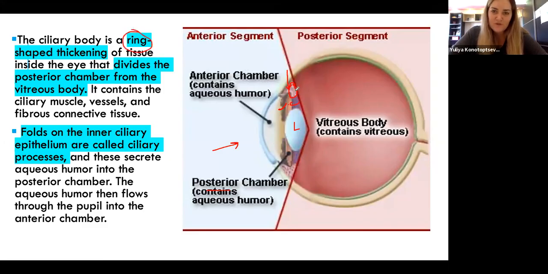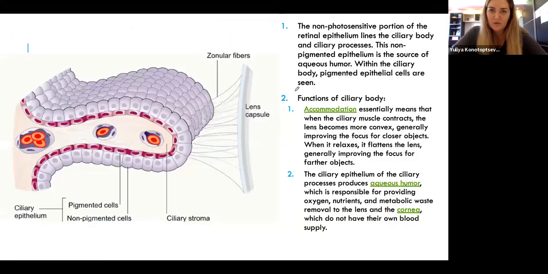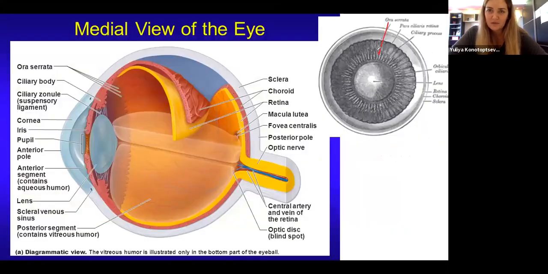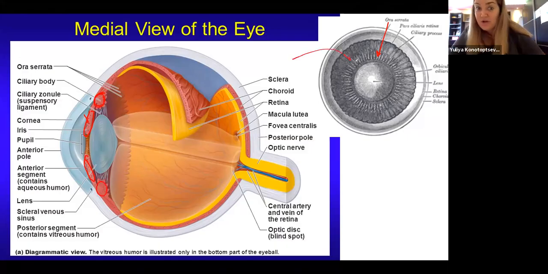On this picture, it's very difficult to imagine, but take a look here. That's the ciliary body, right? Imagine the iris is also like a ring. But on this section, we see the iris as two parts, just this part and this part. The same is true for the ciliary body. On this picture, we see just an upper region and a bottom region. But in reality, the ciliary body is a ring as well.